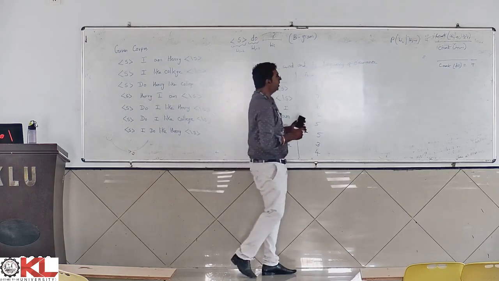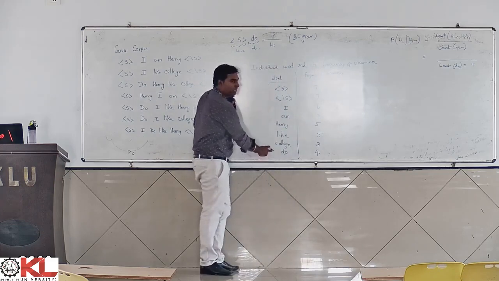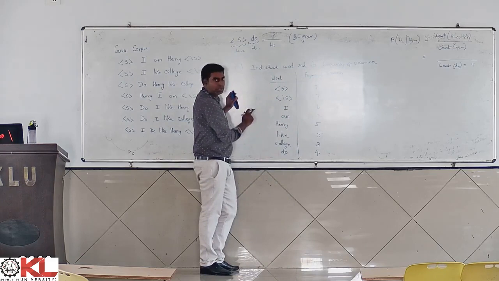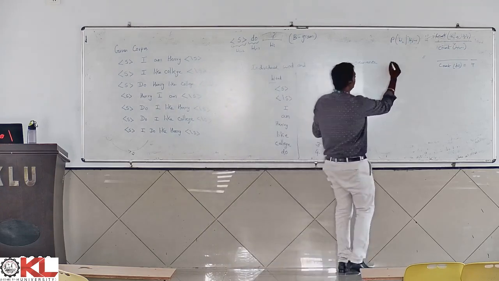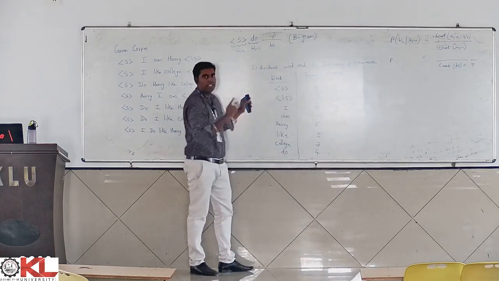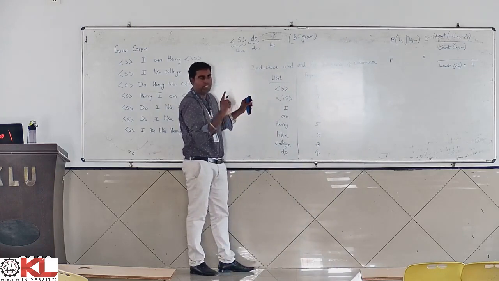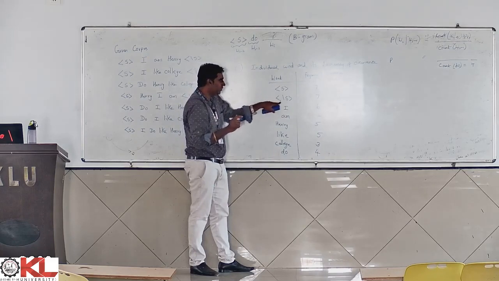Now from the given corpus I am going to check how many times the words are repeating. First, I am leaving the start of the sentence, which will occur only one time at the start of the sentence. I am taking the next one.